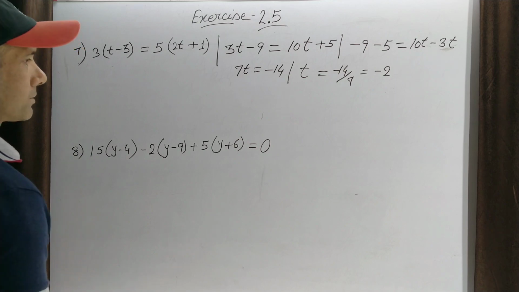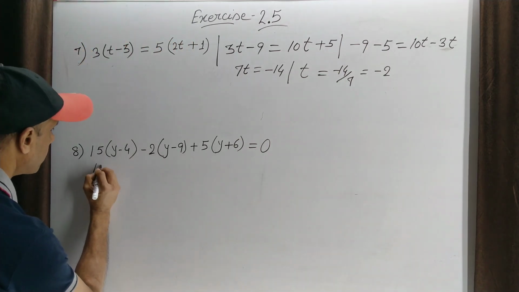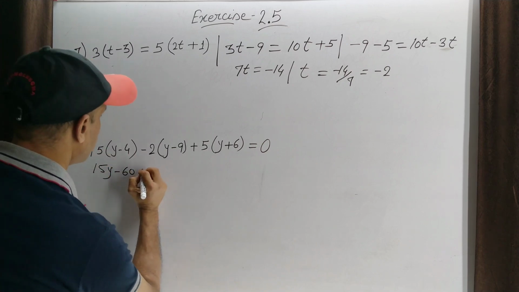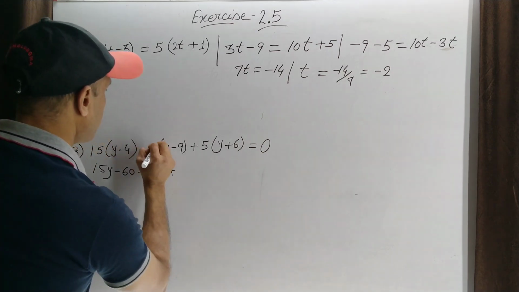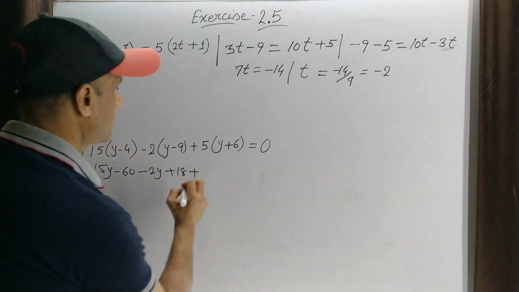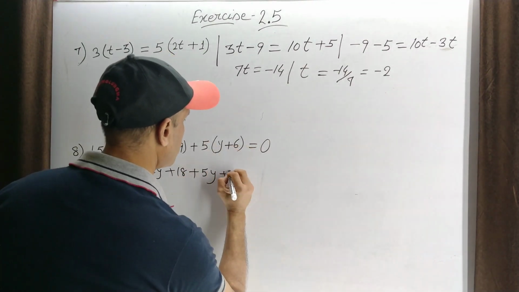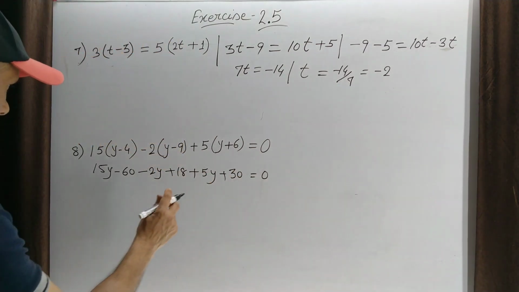Question number 8. Let's open the bracket. So this becomes 15y minus 60 minus 2y plus 18 plus 5y plus 30 is equal to 0. Let's take the variable on one side.